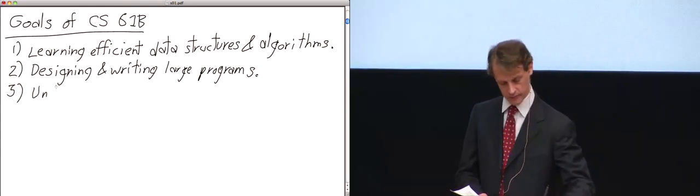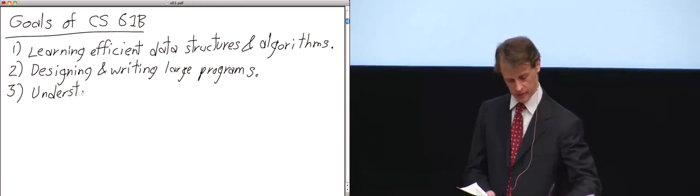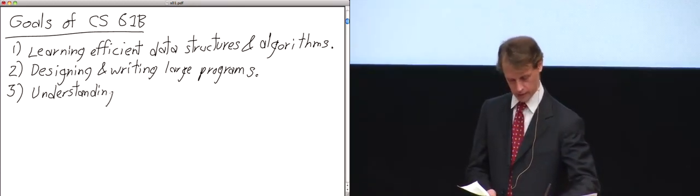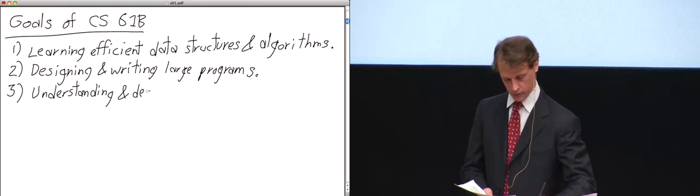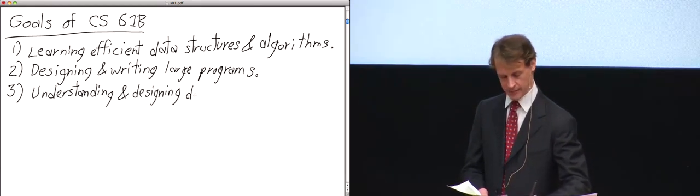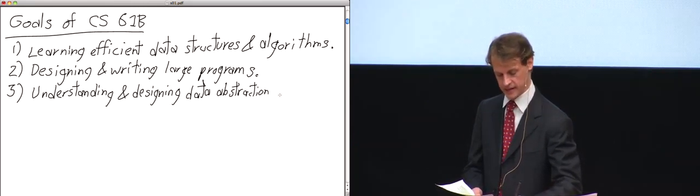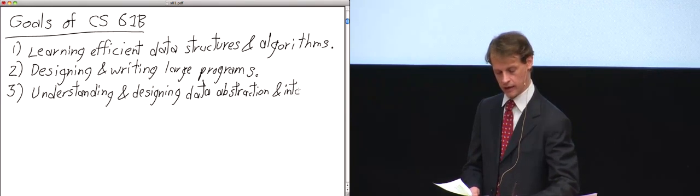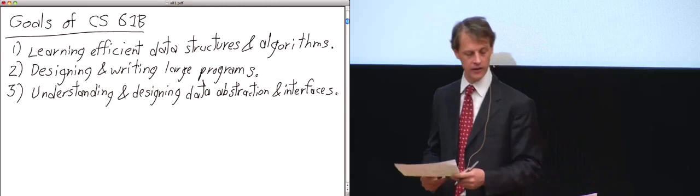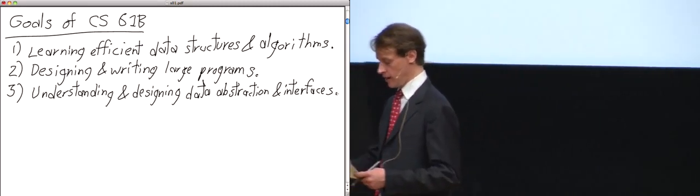In particular, we're going to learn the concept of data abstraction. And we're going to learn how to define interfaces that allow one program to call another, one procedure to call another, one method to call another.